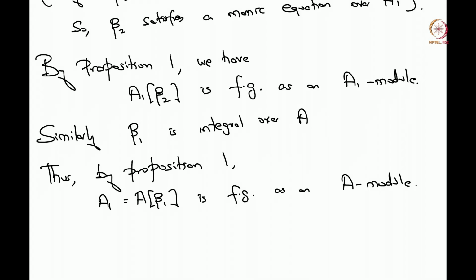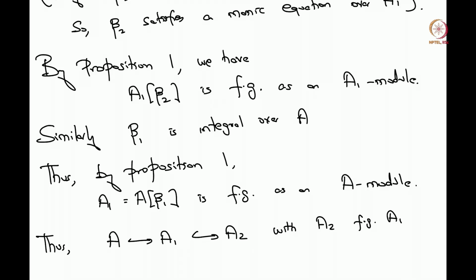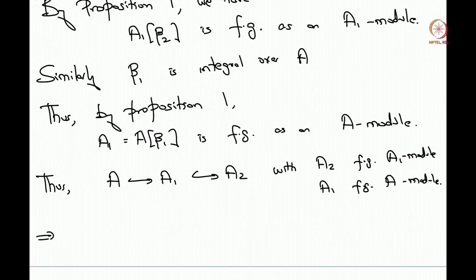Okay, and so again, just to recollect, we have a sequence of inclusions A inside A1 inside A2, with A2 a finitely generated A1 module and A1 a finitely generated A module. And so this implies that A2, which is A beta 1 beta 2, is finitely generated as an A module.